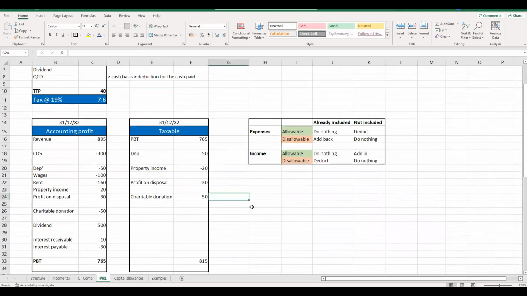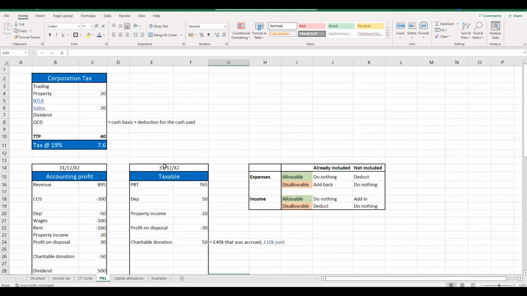So it could be that that 50 was made up of, I don't know, 40K that was accrued, but only 10K was paid. So the qualifying donation is the 10 that was paid. That's going to be an allowable deduction against our corporation tax total profits.